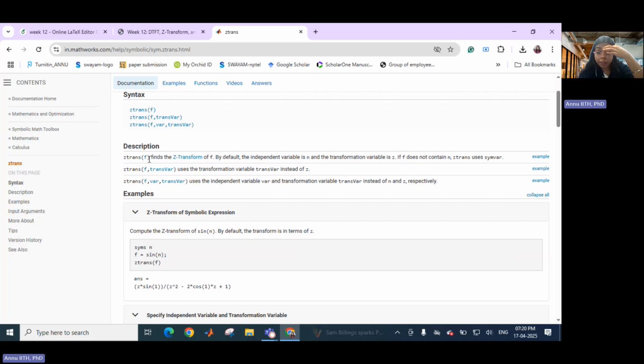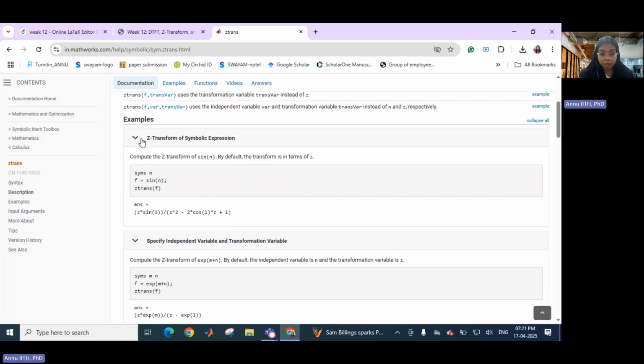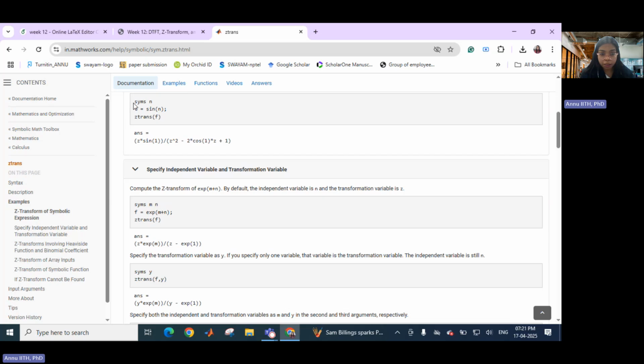By default, the independent variable is n and the transformation variable is z. Let's see some examples. Symbolic expressions: this is showing the symbolic expression, the symbol is n. So you can have an expression using MATLAB. Compute the Z transform of an expression in m plus n. By default, the independent variable is n and the transformation variable is z.